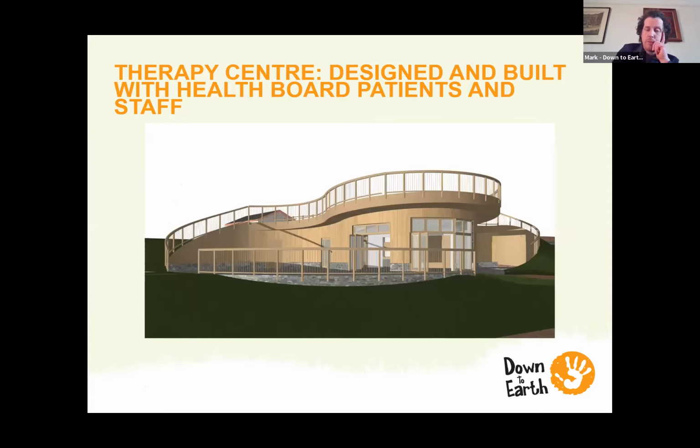And that's one of the rendered images for what the therapy centre will look like. So that's more on the built environment side of what we're doing: foam glass insulation, wood fibre insulation, Welsh timber. And yeah, really exciting to see how the staff and patients will get involved in that construction process.